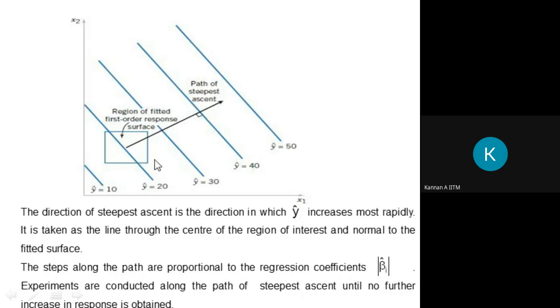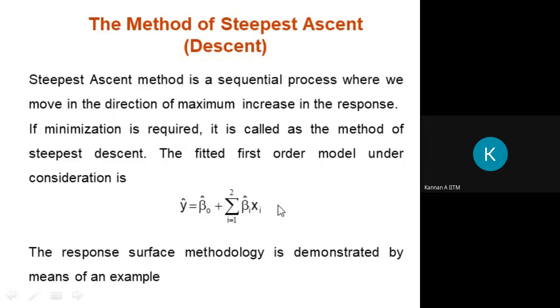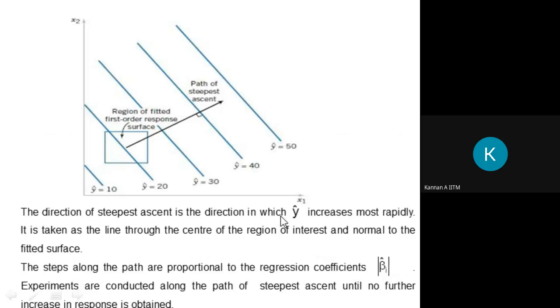Okay. So you have fitted a linear model, y hat is equal to beta hat naught plus beta hat i xi, applicable for this region. You have done experiments in this box. And what you are doing now is you are extrapolating, you are assuming that the model which you have developed is also applicable outside the box.